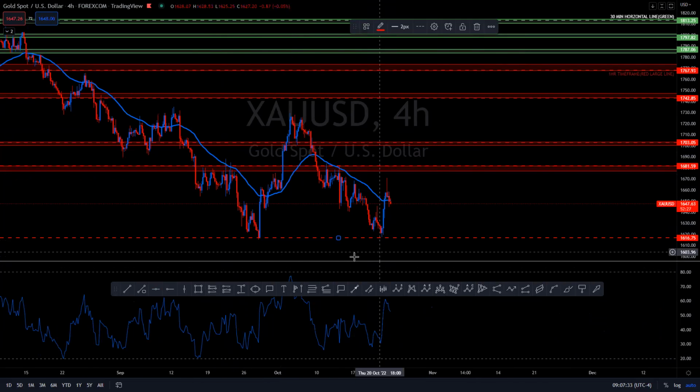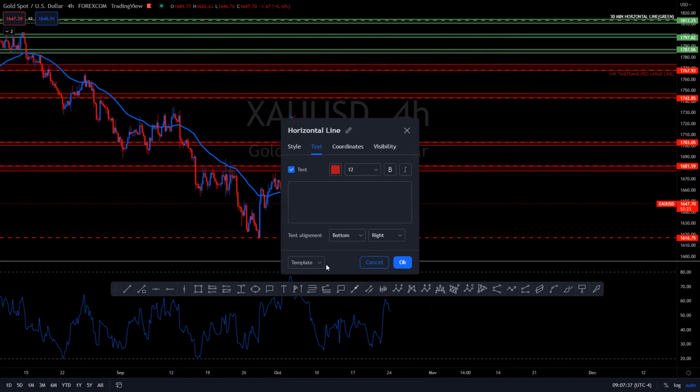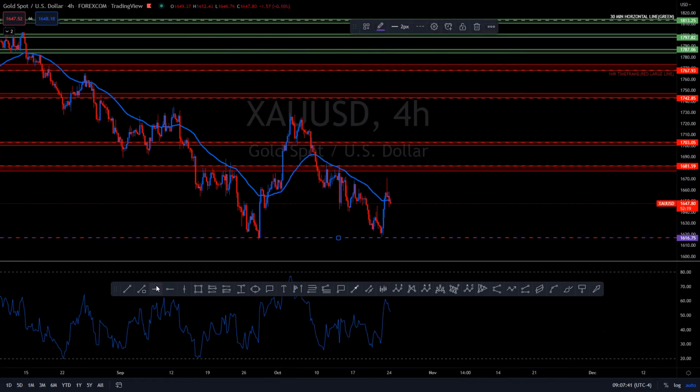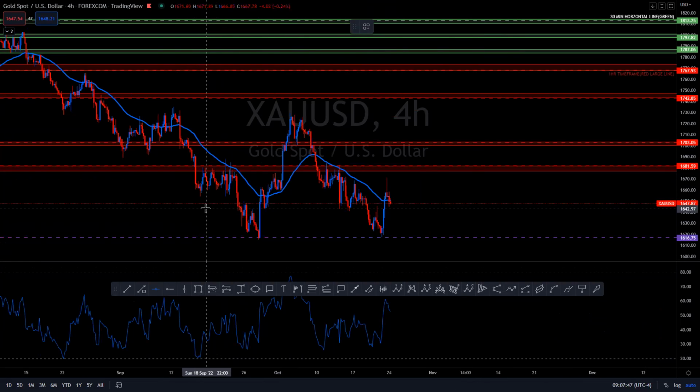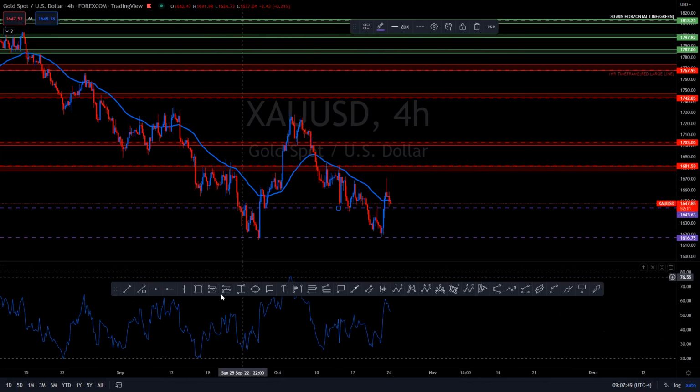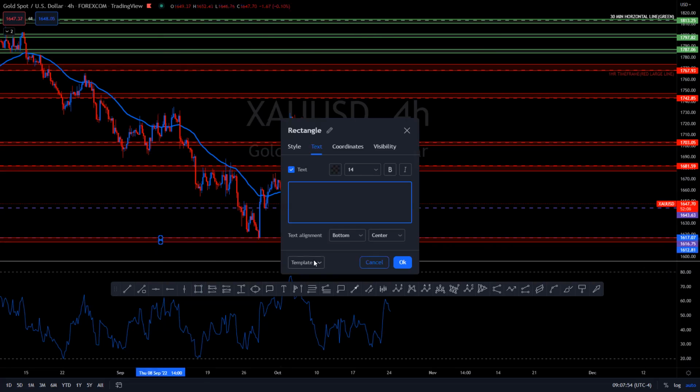And it looks like price is really going into a downtrend. Let me change this to purple here. So I can see that there's a major demand here as well. So we want to go ahead and mark this up, change this to purple.